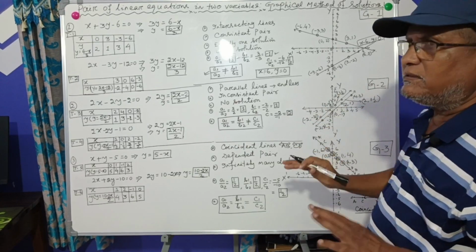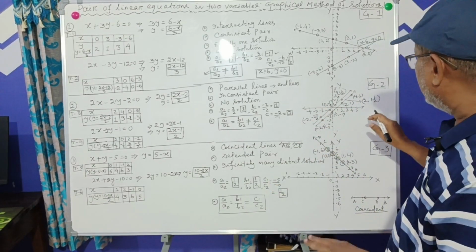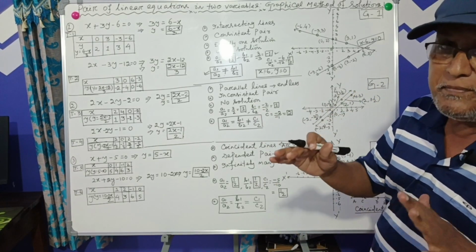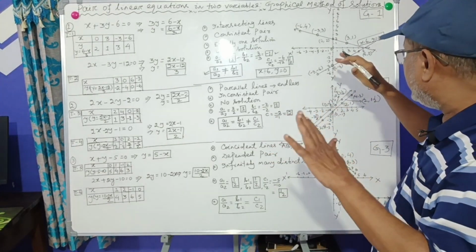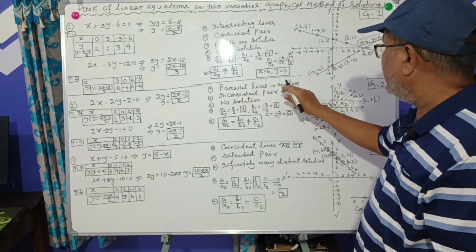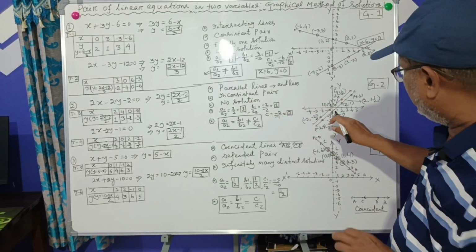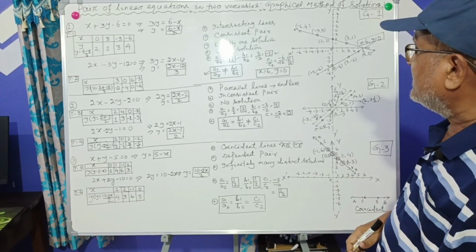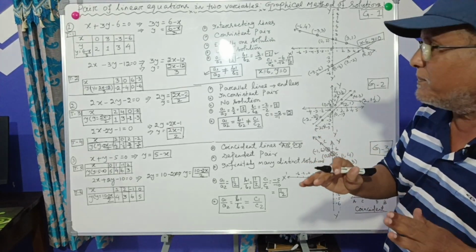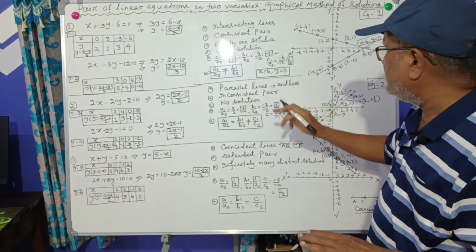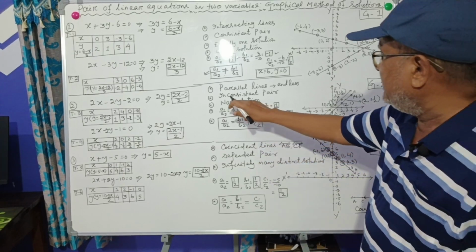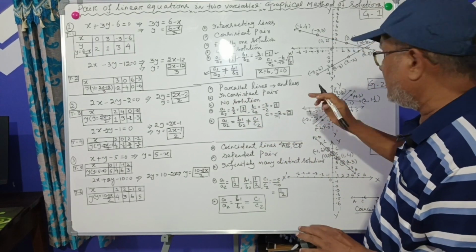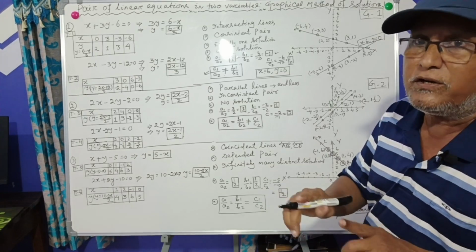So the two straight lines are parallel, which means they are endless and they cannot meet even at infinity. So parallel lines are endless, and this pair of lines is called a parallel pair, or an inconsistent pair, because the two lines don't intersect.